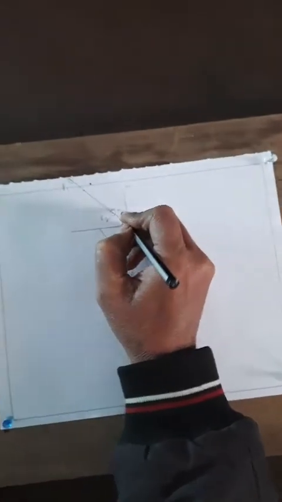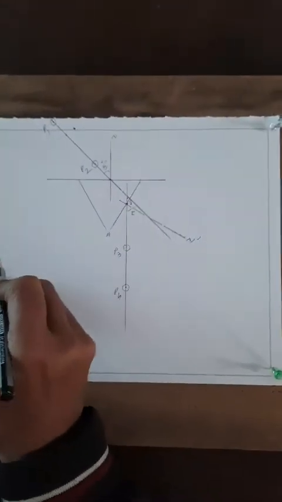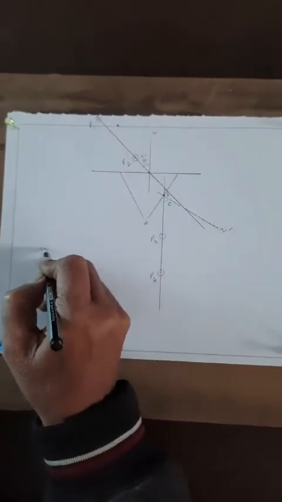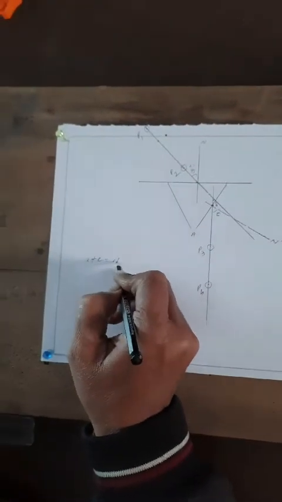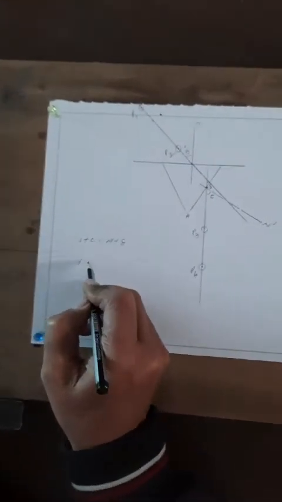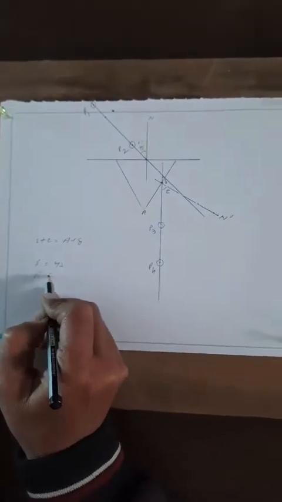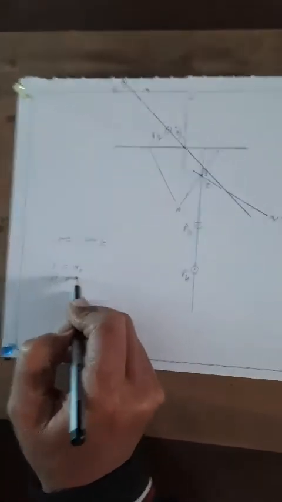So now I have taken I as 45 degrees. Here we have to observe I plus E is equal to A plus delta. Now I have taken I equal to 45 degrees and the angle of prism A is 60 degrees.